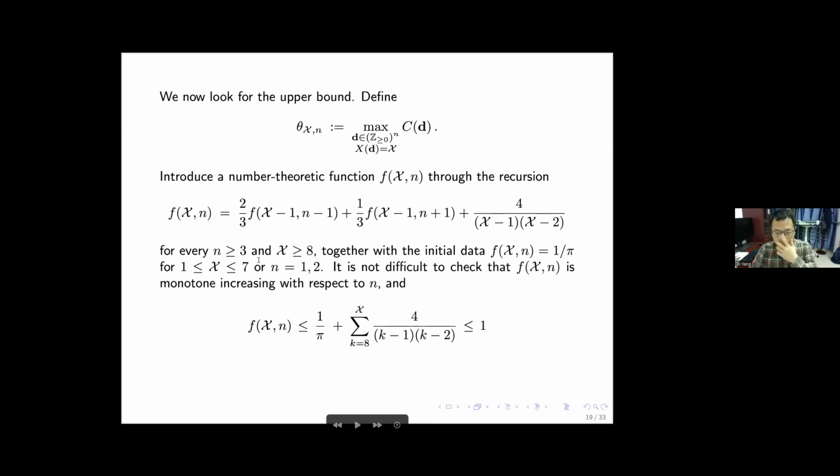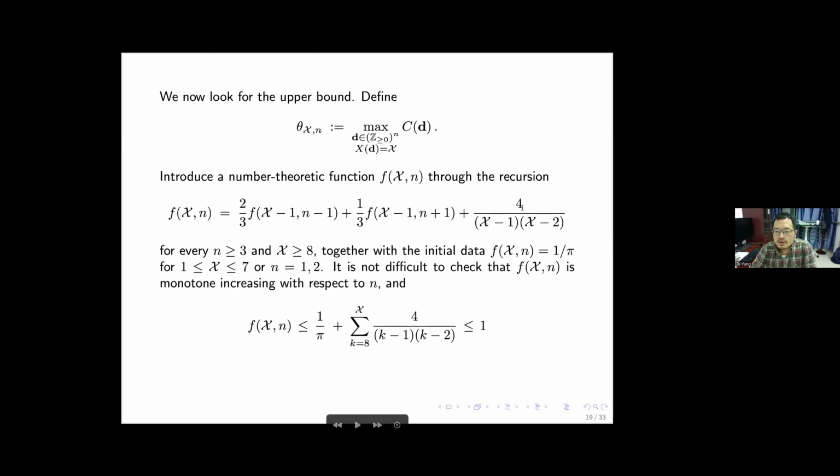Because of that, he needed to introduce some random walks, where you can consider as a story that you have probability 2/3 to go to the left and probability 1/3 to go to the right.